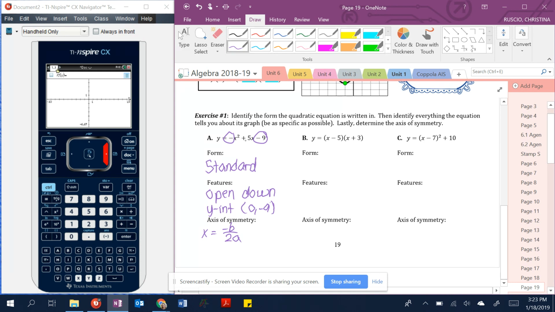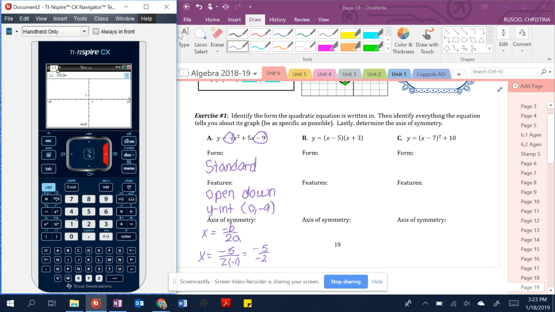So x equals -b, which is our 5, A, B, C, okay? And then all over 2 times a, and that a is a -1, which turns into -5 all over -2, and a negative divided by a negative is a positive.